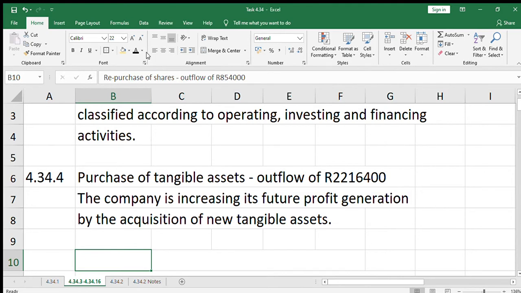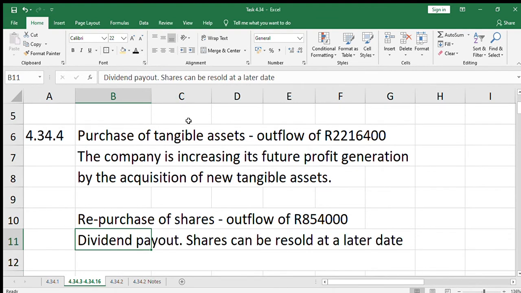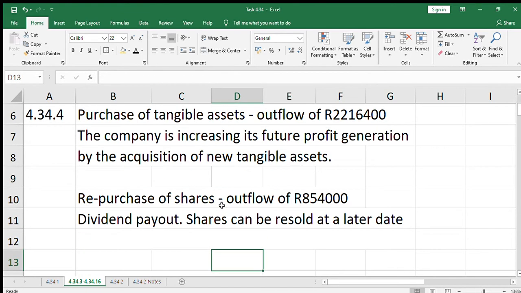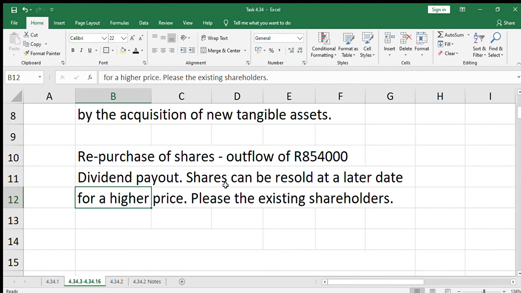Then there was a repurchase of shares, an outflow of 854,000. So this will affect the dividend payout in the future, and then shares can be resold at a later date. If shares are repurchased, the dividend will be less in the future. They can be sold at a later date for a higher price, and it will ease existing shareholders.